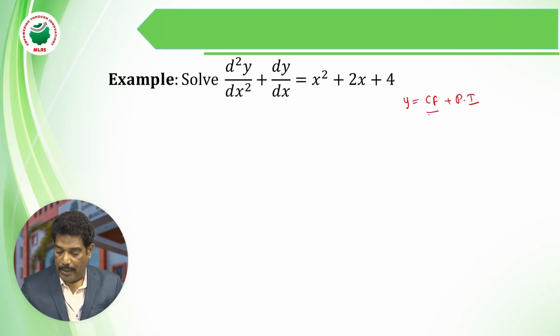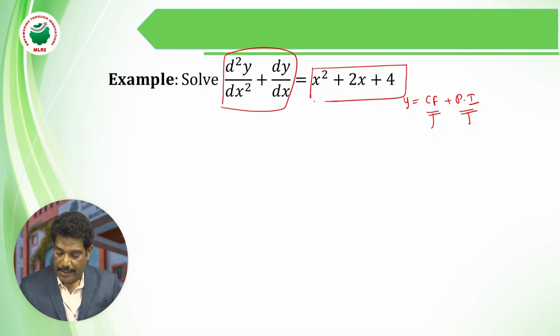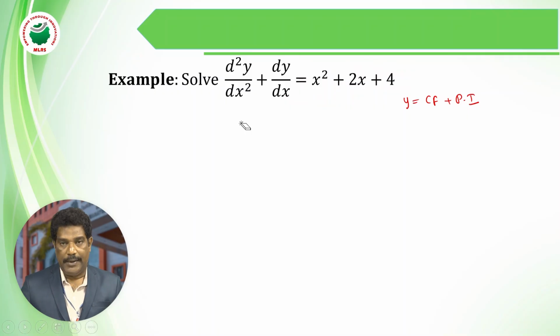So first of all, find the complementary function and then find the particular integral. We can find the complementary function for the left side part of the differential equation and the PI, particular integral, for the right side part. So let's start finding the complementary function first and then the particular integral.